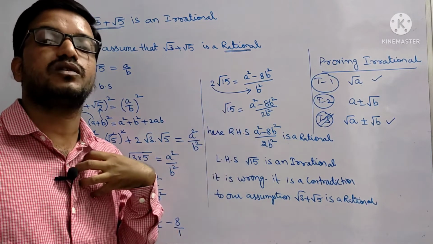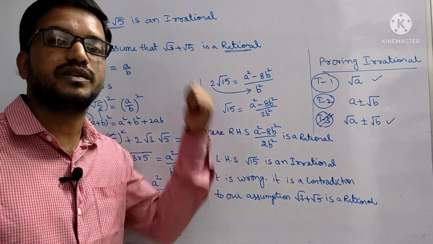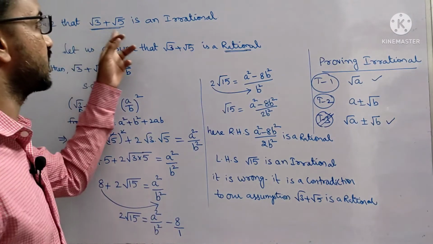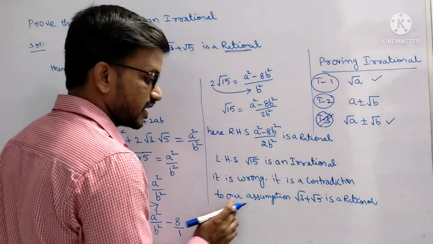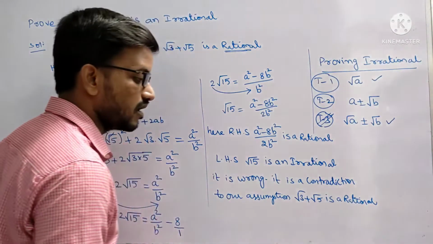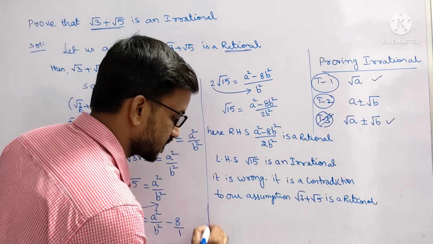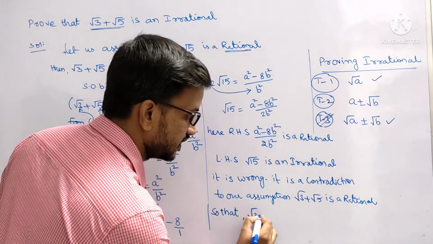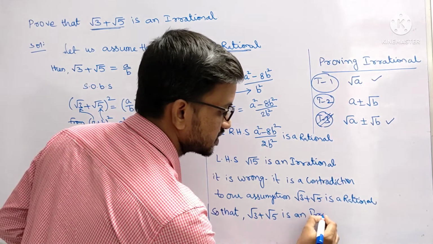Okay, means our assumption only is wrong. As our assumption is wrong, we have to accept the given statement as correct. What is the given statement? Root 3 plus root 5 is an irrational, right? So here, after finding our assumption that root 3 plus root 5 is a rational is wrong, we have to accept that root 3 plus root 5 is an irrational.